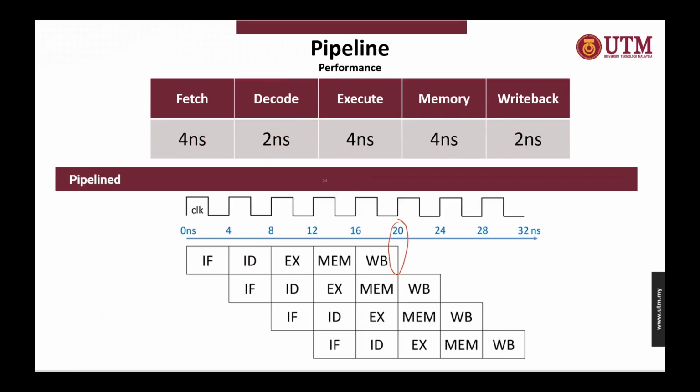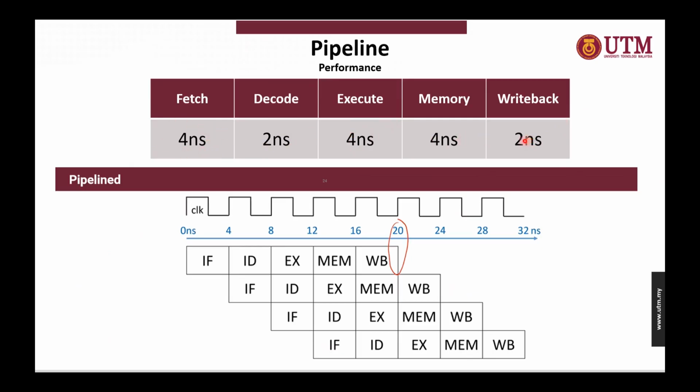So for the pipeline, since we're going to do pipelining, the first step that you need to do is make sure that this time is the same across all of the 5 stages. You need to have the same execution time for each of the stages.